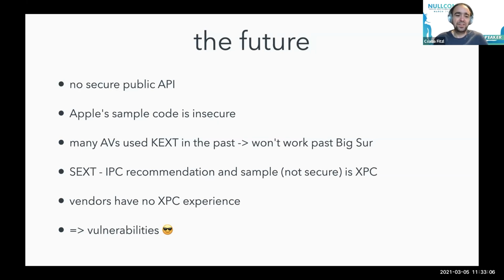That is what is supported now by Apple, and with using SEXT, the IPC recommendation from Apple is to use XPC. On the kernel extension, there were other ways to do IPC, not really XPC.